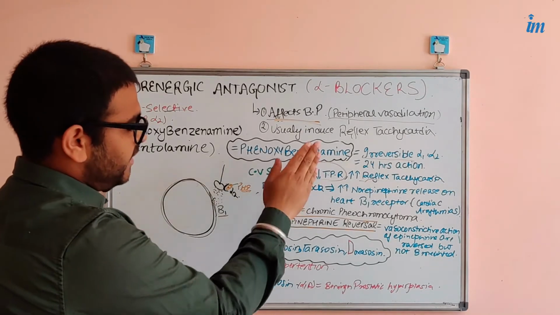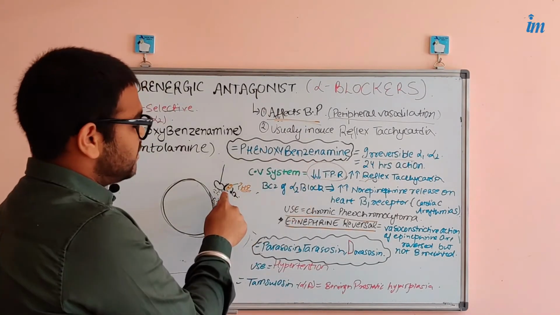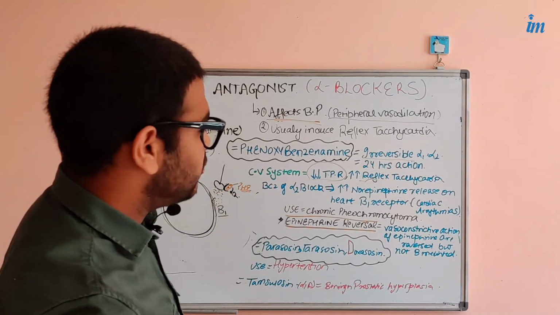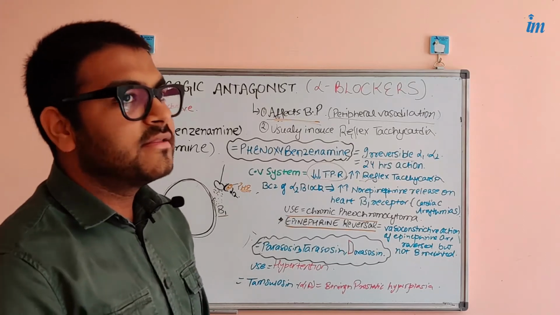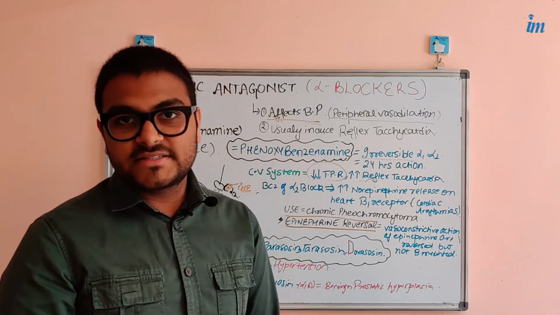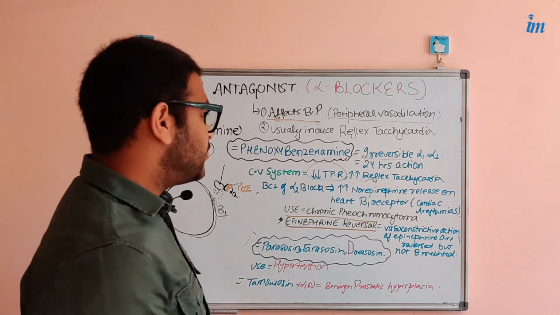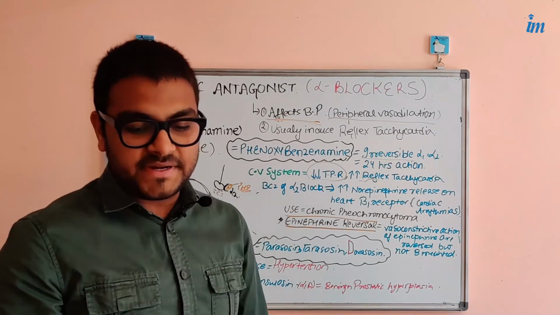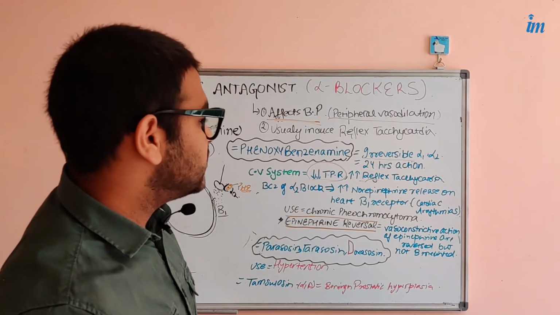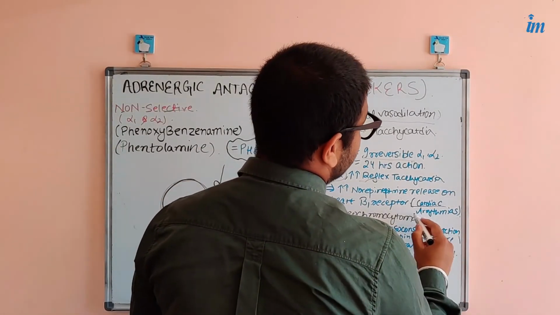Because of the alpha 2 blockage by phenoxybenzamine, there is increased norepinephrine acting on the beta 1 receptors on the heart, and again side effects come. What side effect? Tachycardia. Because of this indirect action on beta 1 receptors on the heart, this drug can cause tachycardia, and cardiac arrhythmias can be precipitated.